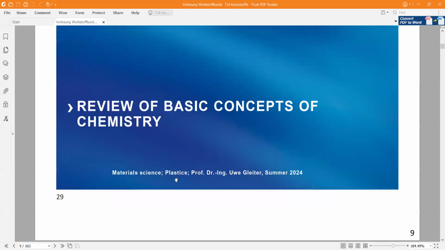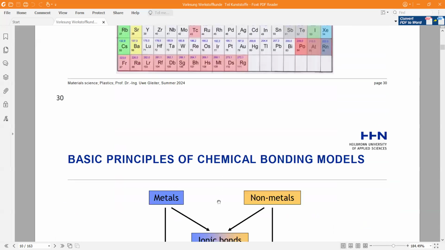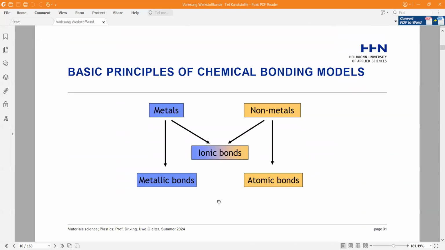Now the basic concepts of chemistry. From the periodic table of elements, the main element which is used in polymers is carbon. Basically, there are chemical bonding models.